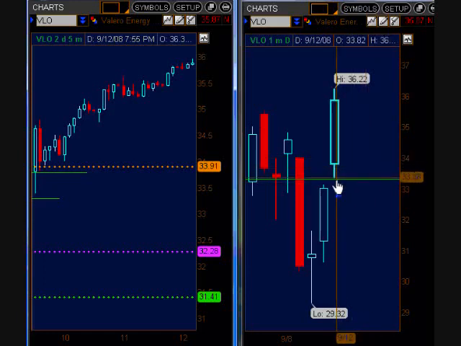So it did what it did, came up, boom, it crossed, got in, we're in there. And then we're gone. So sometimes you're going to get chopped up, but the majority of times you're going to have a play that you can enjoy, and it's all based on the open.